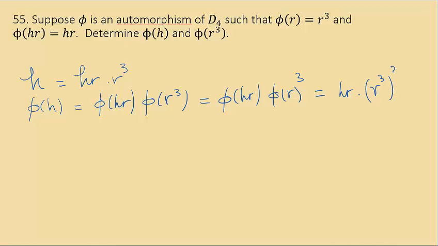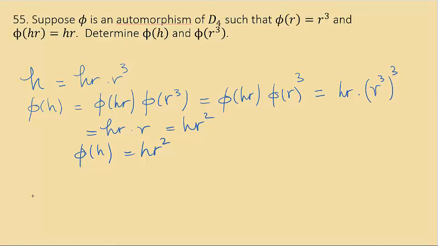So that's r cubed cubed, r to the 9th, or that is r. So we have hr times r, we get hr squared. So phi of h is equal to hr squared.